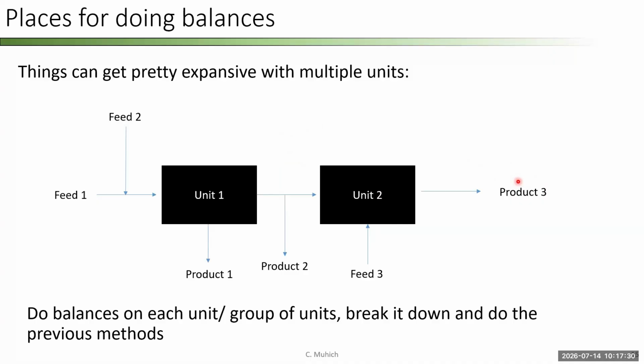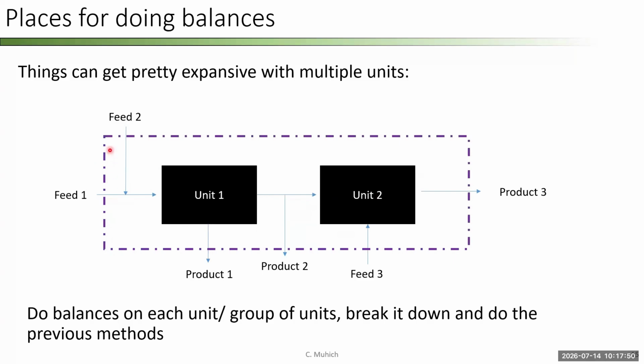So when I have multiple units, we can do these mass balances around multiple places, right? We can break down each of these intersections and units, unit operations we'll call them, and use the method that I showed before with a single unit.